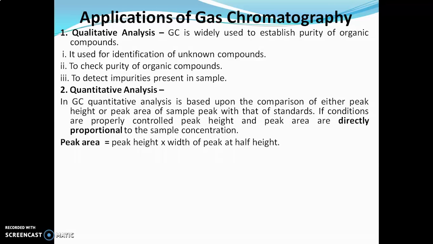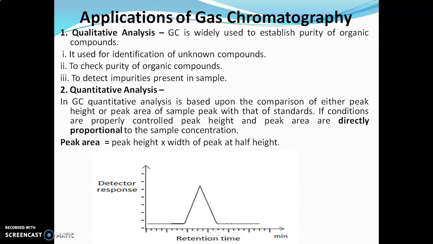Now peak area is calculated by using peak height times the width of the peak at its half height. Now how exactly are the peak height and peak area calculated? Suppose this is the chromatogram of a substance. The total height is denoted by small h. This is the peak height. Next is the half peak height.